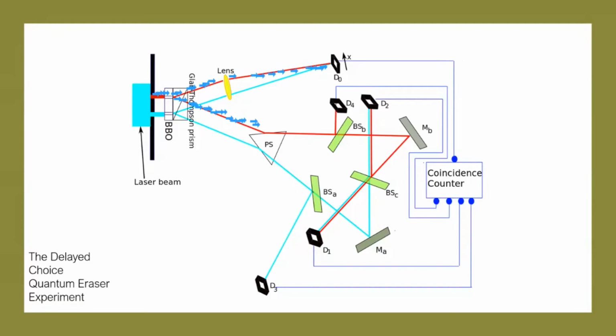So that one's gone that way, but this one takes longer, because in the case of D1, it's traveling a lot further. It's going through beam splitters, bouncing off mirrors, going through another beam splitter, and it ends up at D1. So there's a time difference, albeit measured in nanoseconds. But there's a difference.